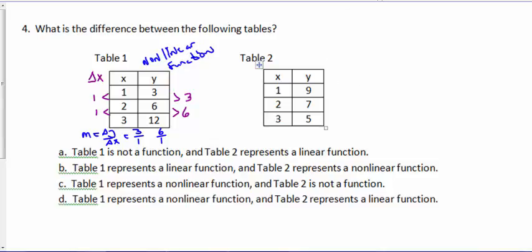All right, now let's take a look at this one. Look at our change in x, and every one of them is changed by 1. Look at our change in y's. That's going down by -2. We can tell that our change in x's is 1, and our change in y's is -2.